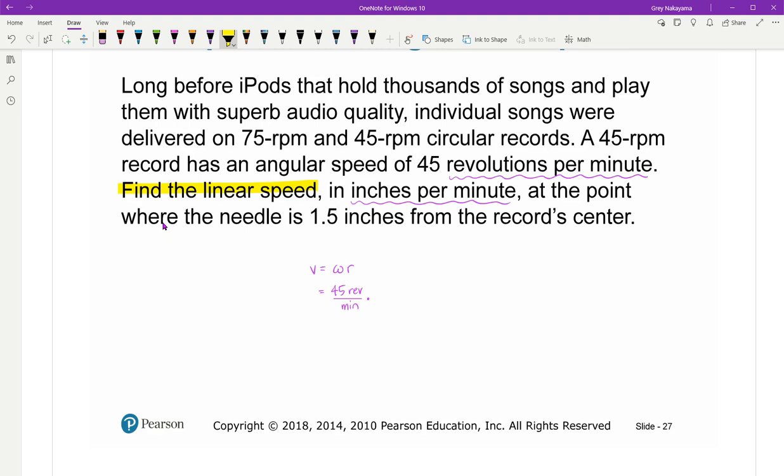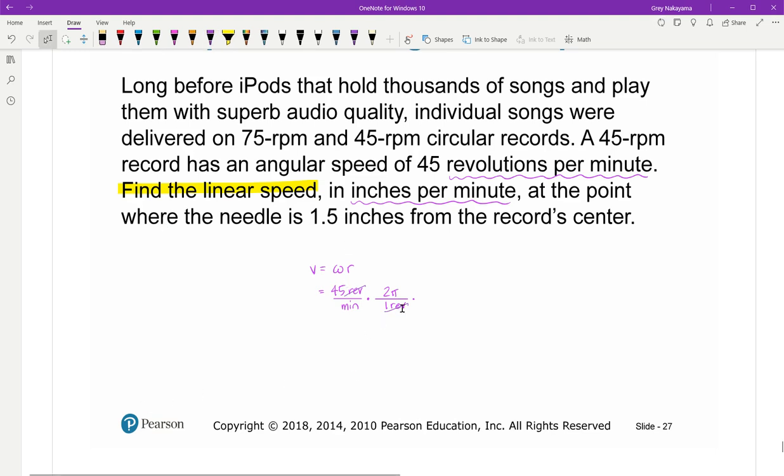You can never leave revolutions in your answer. So if you remember earlier, 1 revolution is the same thing as 2 pi radians. So that is my conversion factor that is going to allow me to get rid of the revolutions in that problem. So I'm trying to go from revolutions per minute to inches per minute.